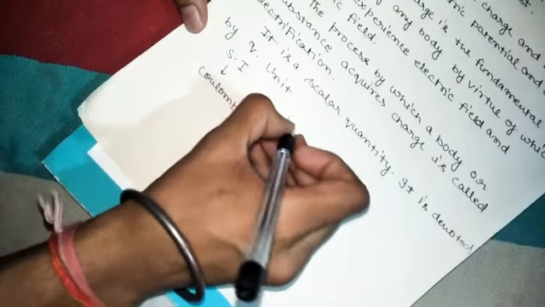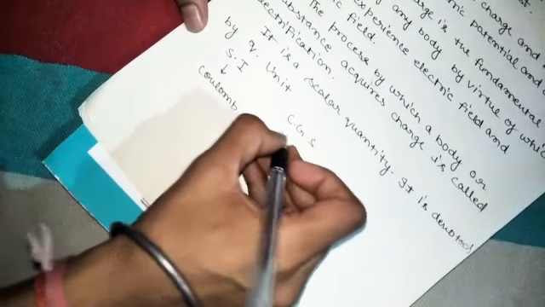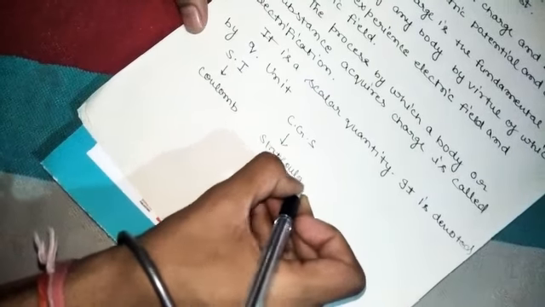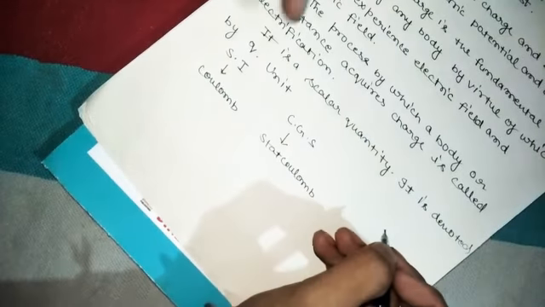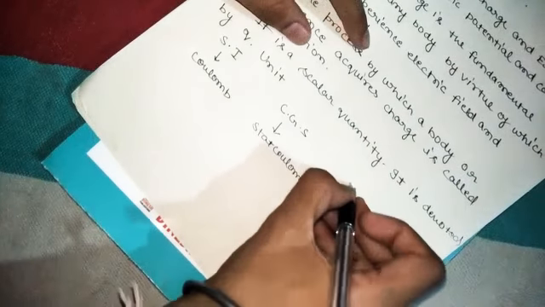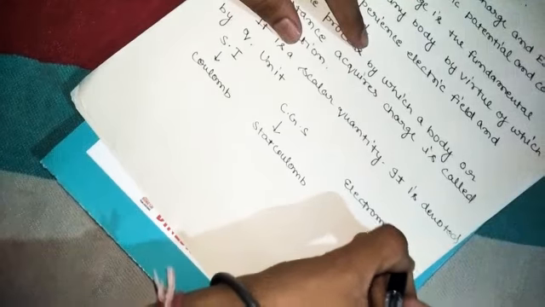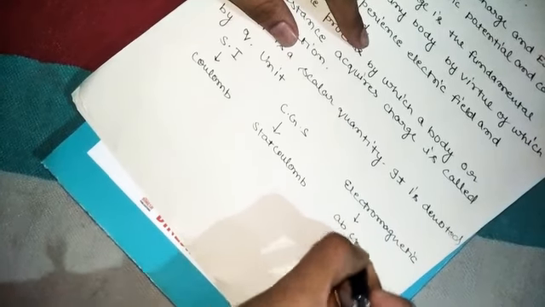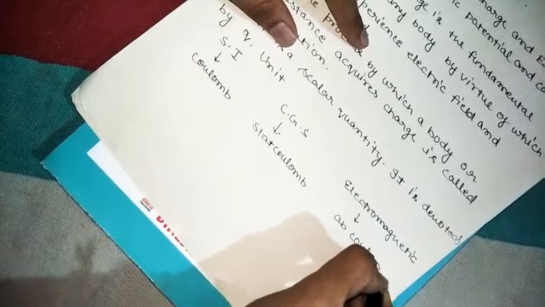Another unit, in the CGS system, is stat coulomb. One more unit is the electromagnetic unit, and that unit is called ab coulomb.